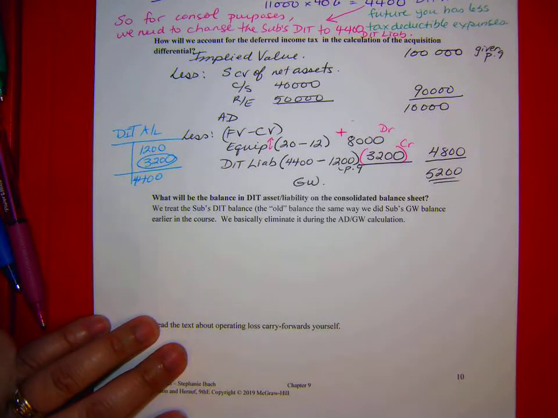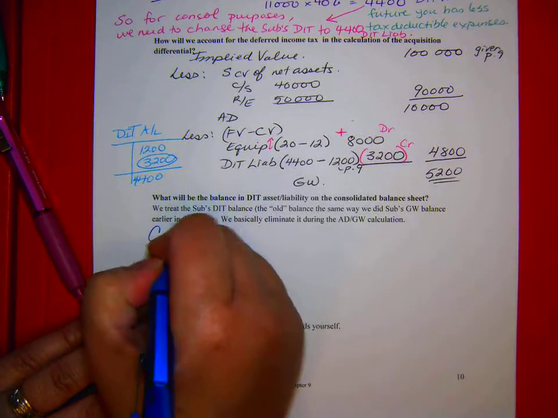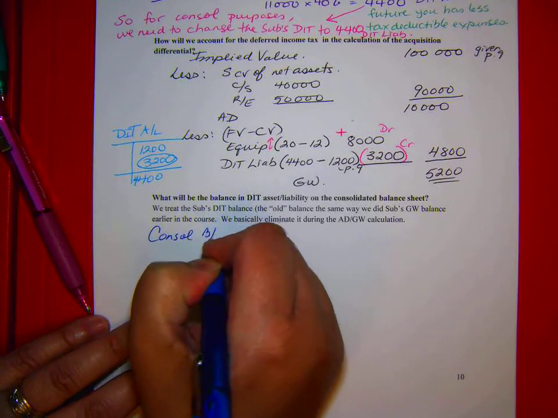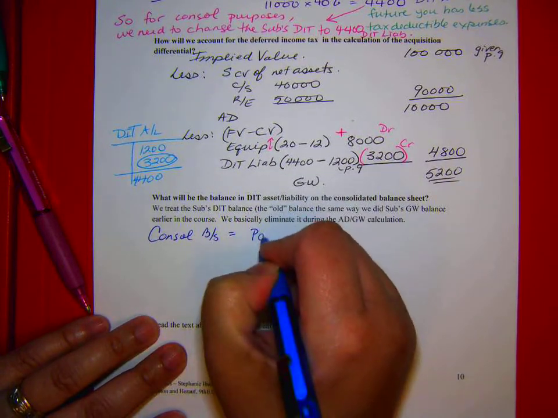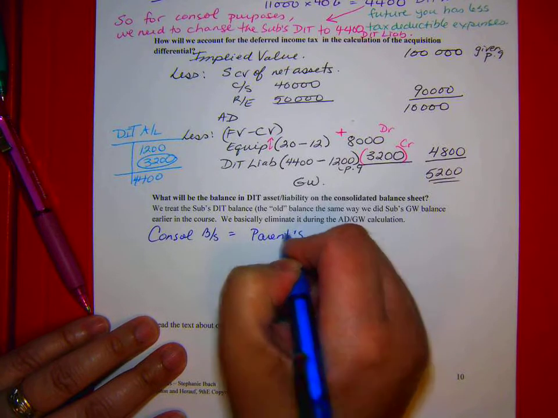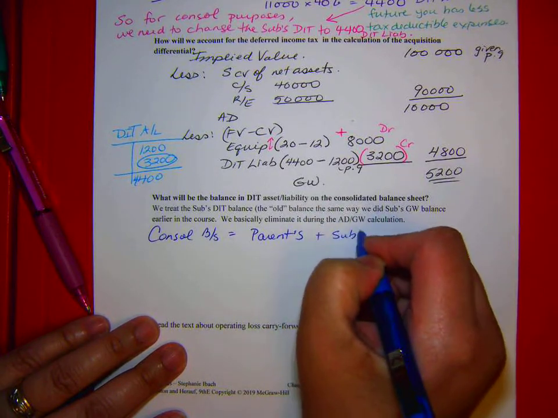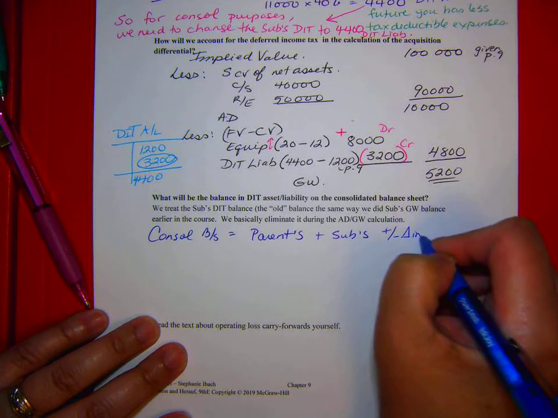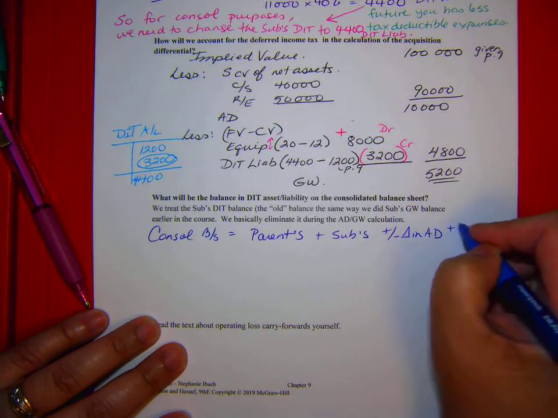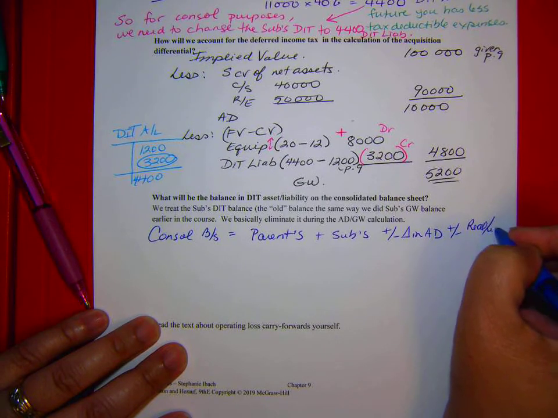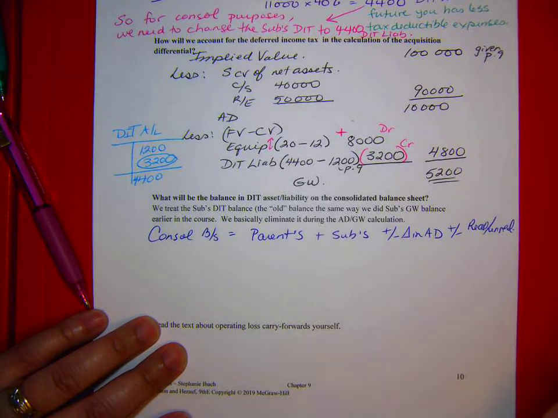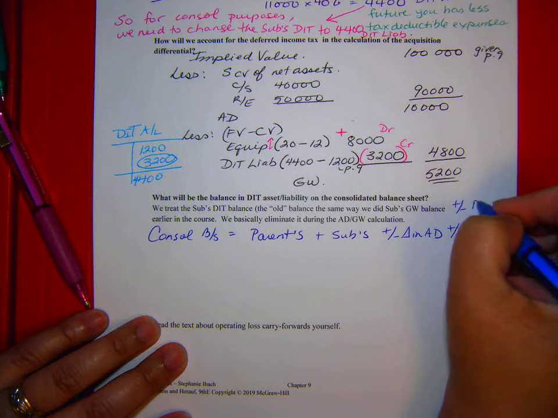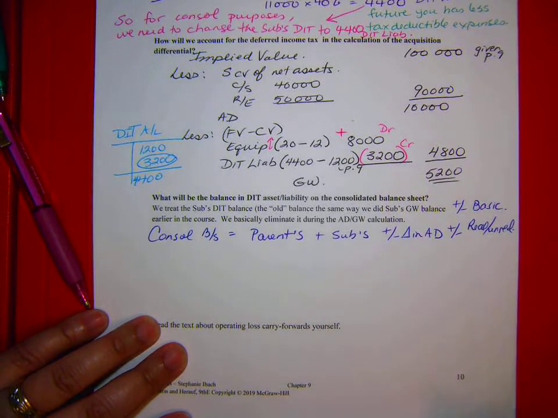So the consolidated balance sheet is the parent's plus the sub's, plus or minus changes in AE, plus or minus realized, unrealized, and plus or minus basic transactions, if there were any.